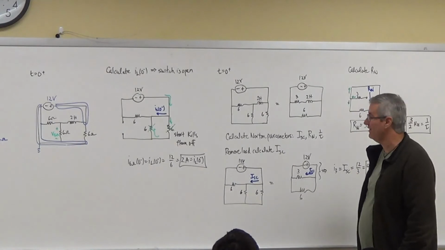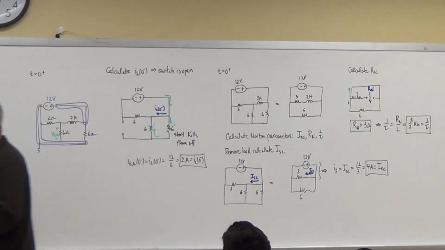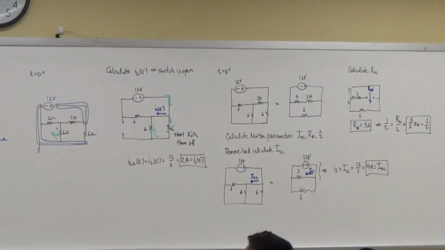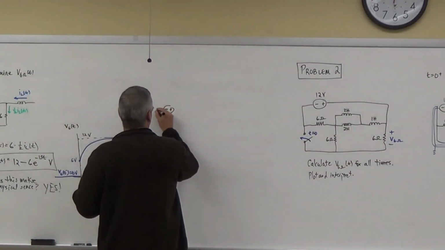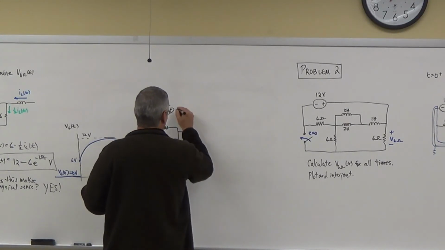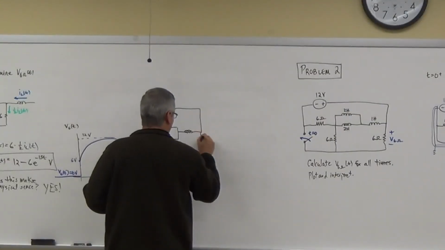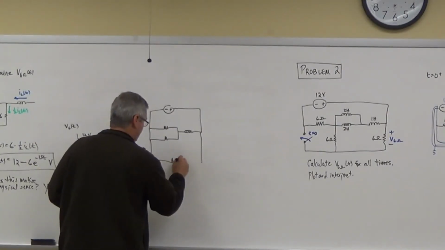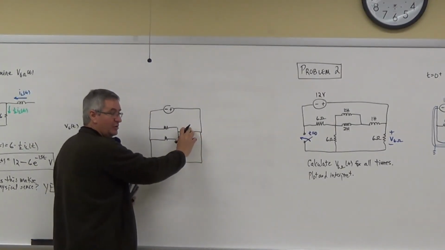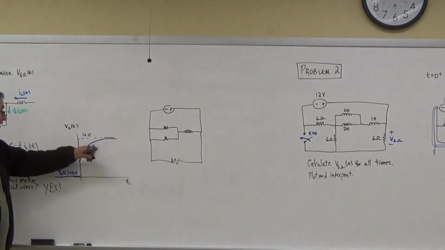Yes, they're in parallel. That one is a little bit tricky. So what that circuit really looks like is this here. When you redraw this, that 3 ohm is really like this with the inductor. And when that guy goes to a short, these two are still in parallel with the 12 volts, and I get 12 volts.